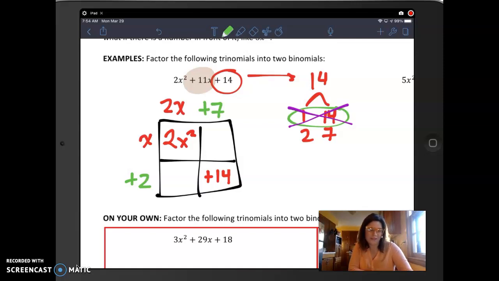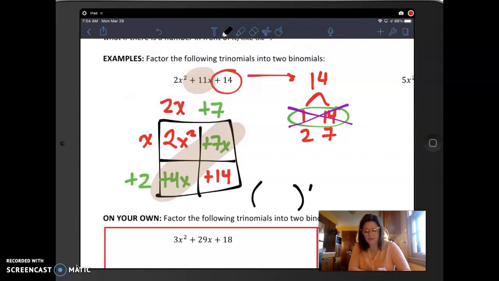However, that's the way it's going to be probably until you get the hang of it. So 2x times 2 is positive 4x. x times 7 is 7x. Oh my goodness. 7 and 4, those two numbers add together to make 11x. So we have solved our problem.